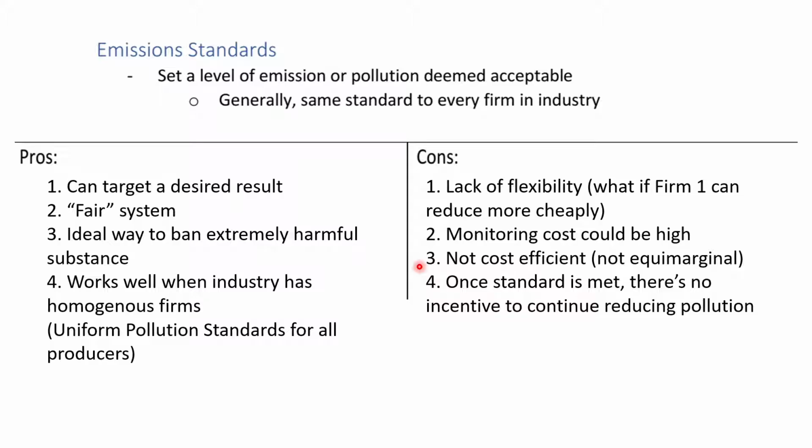Again, that has to do with the fact that we are asking every firm in the industry to reduce by the same amount, and maybe some firms can reduce more at a cheaper amount, and maybe for some companies it is very costly to reduce. Such as, again, looking at GM and comparing GM and Honda.